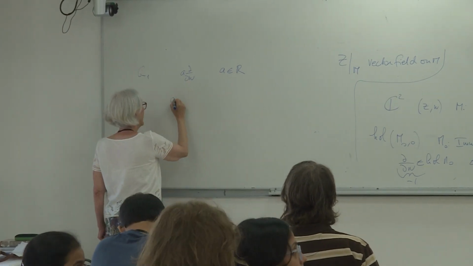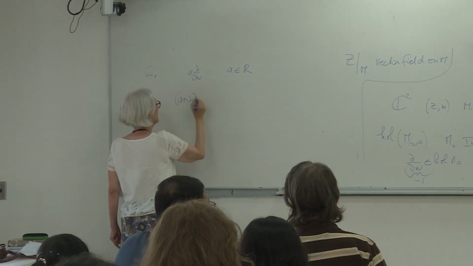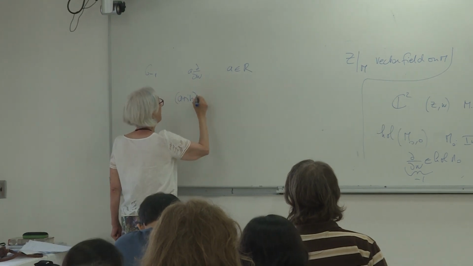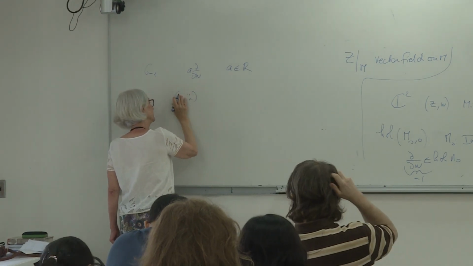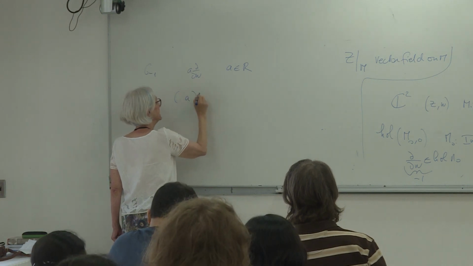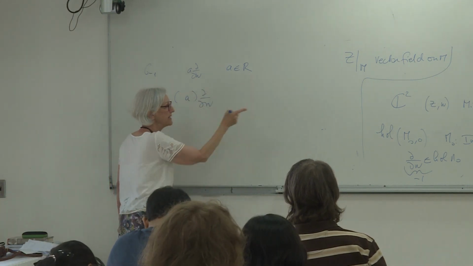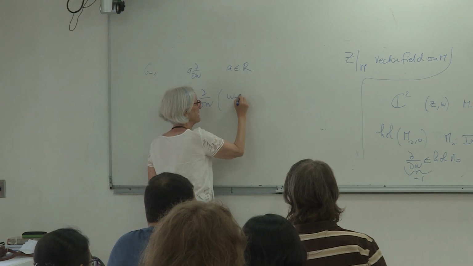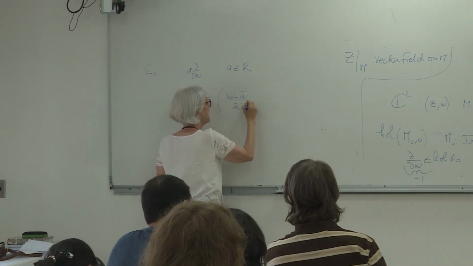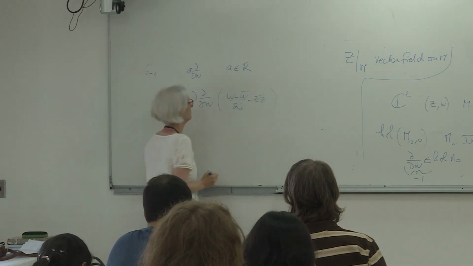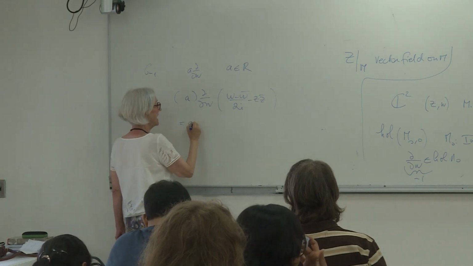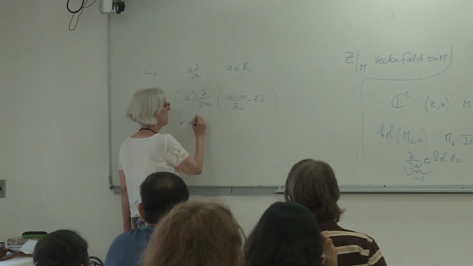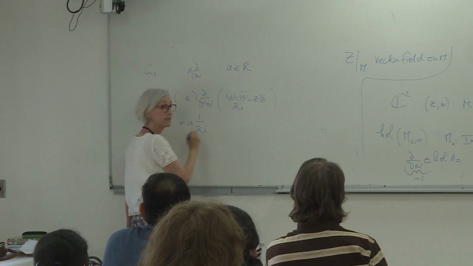So it's A plus IB times, and you apply A ddw to what I write like that, minus ZZ bar. What is it? It's A 1 over 2I, right?